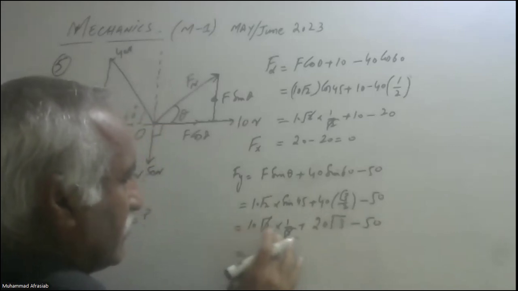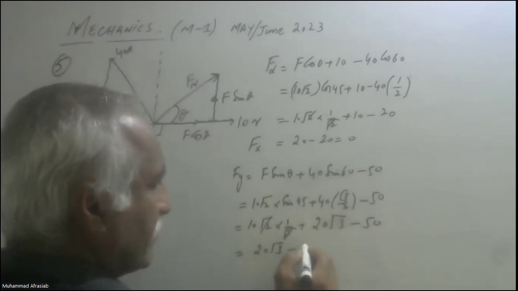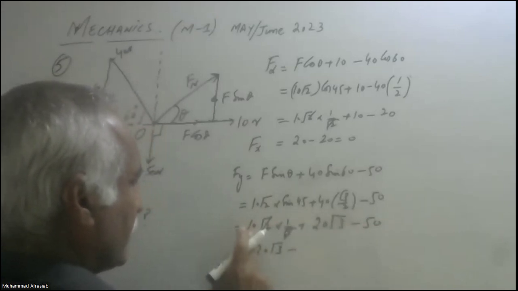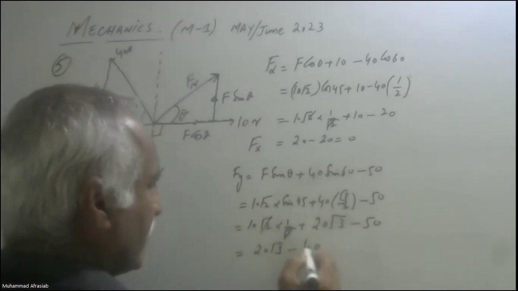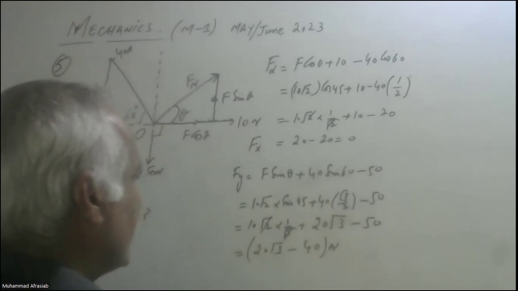So it should be 20 root 3 minus 50, and this is plus 10, so minus 40. And that is all the vertical components.